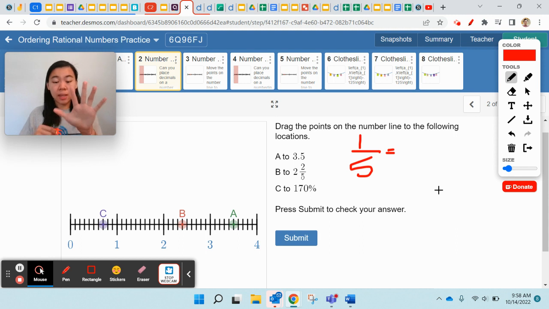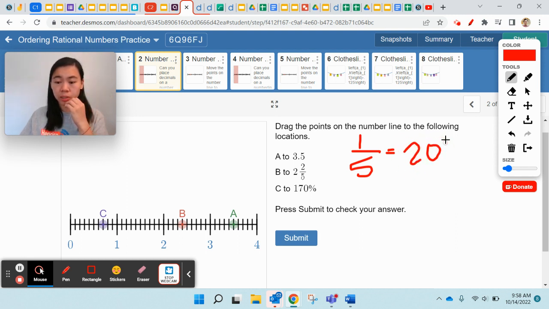So fifths go by twos, 2, 4, 6, 8, 10, that's one whole, or 20, 40, 60, 80, 100%, or 0.2, 0.4, 0.6, 0.8, 1 whole. If you knew that 20% is the same thing as 0.2, then you know that 2/5 is double that. So 0.2, 0.4. So we're going to move this up 4 tick marks. 1, 2, 3, 4.